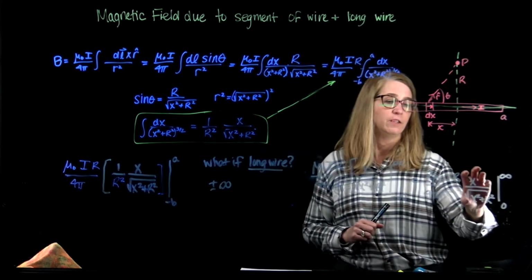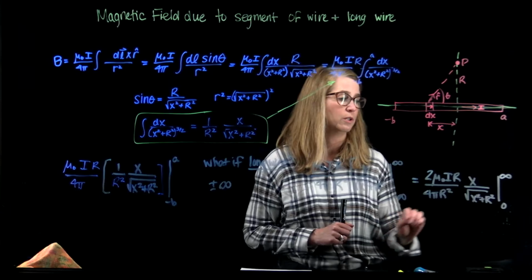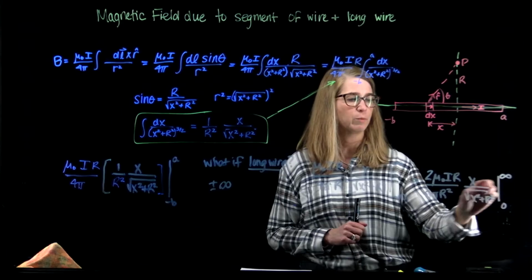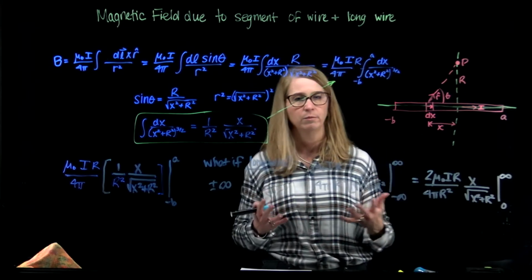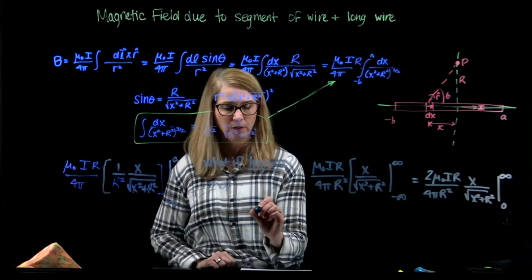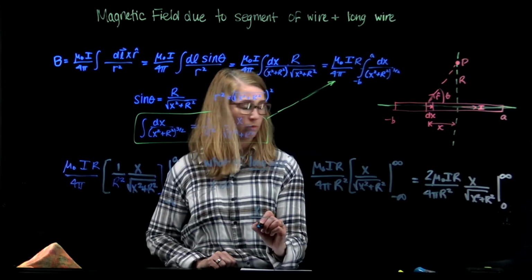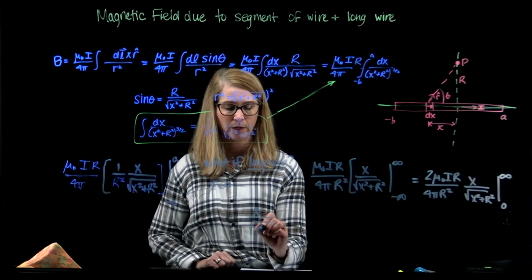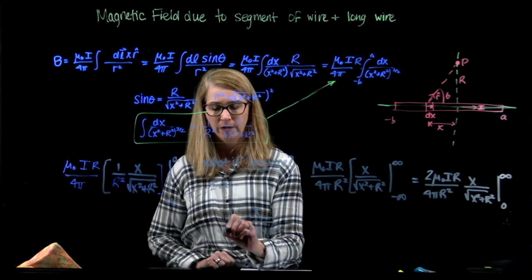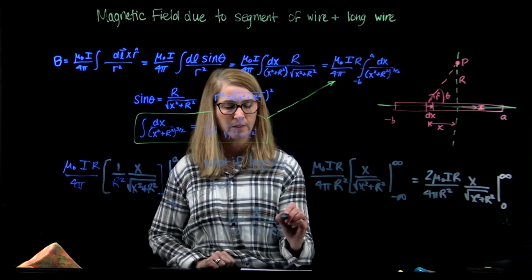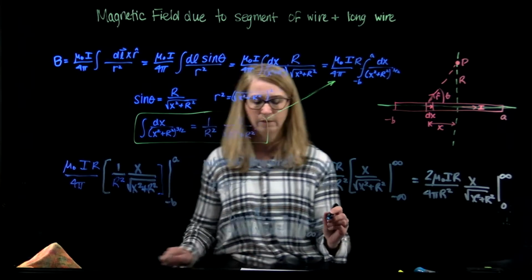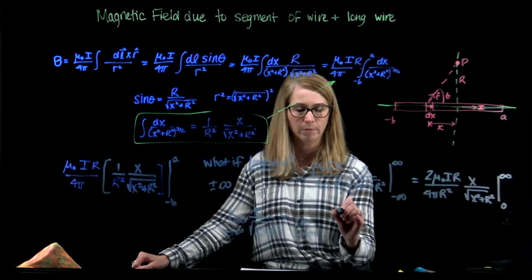Now, I really need to figure out how this is going to simplify, because if I just start plugging in infinity, that's going to be a real problem. So what I can do is look at x over the square root of x squared plus r squared as x goes to infinity, but I'm going to simplify this because I'm going to take an x out of the top and the bottom.